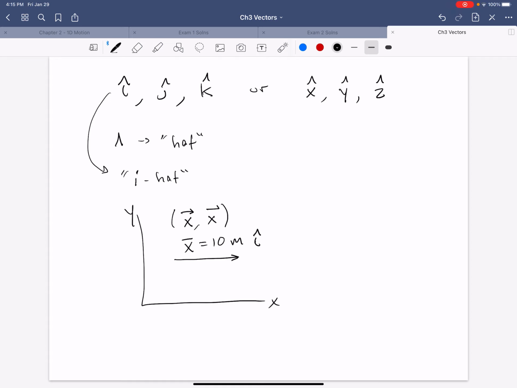Okay, so if you had, say, another displacement, if Timmy now moved in the y direction, let's say he moves south, or rather in the negative y direction. This will give us a good chance to do this.